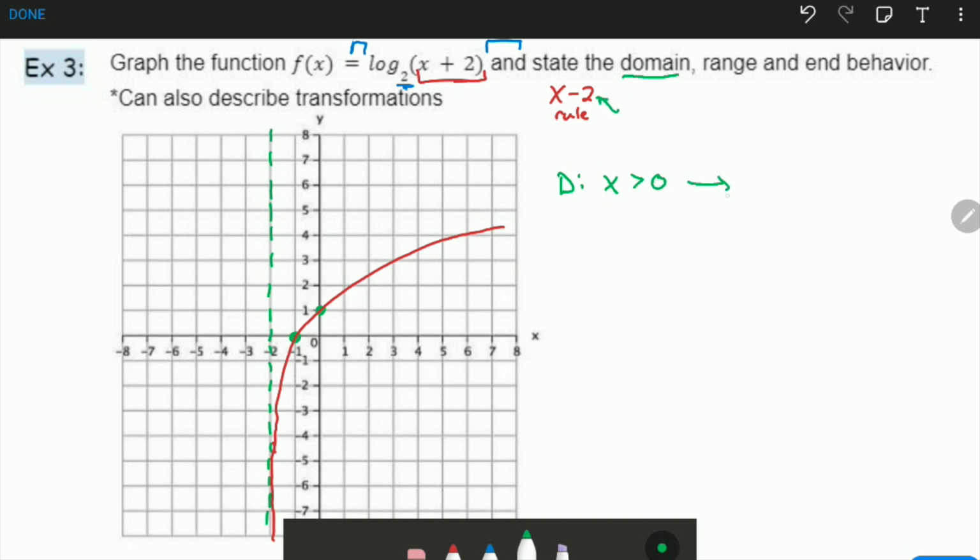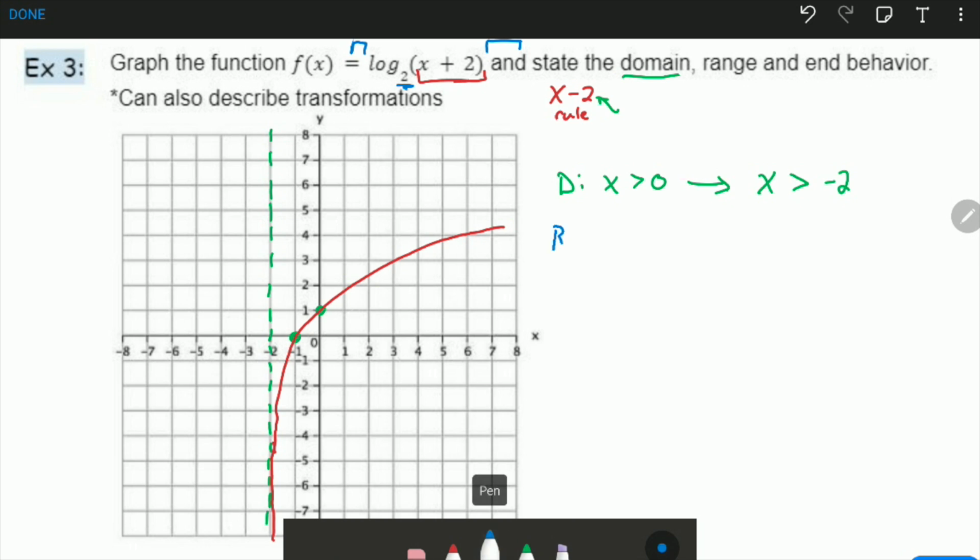So even without looking at the graph, we can see that if we subtract 2 from 0, we get negative 2. We're not multiplying or dividing by a negative, so the inequality sign will stay the same. So it will just be x values greater than negative 2. And if we check the graph, here's where x values are negative 2, and you can see that we have the graph only on the side that has x values greater than that.